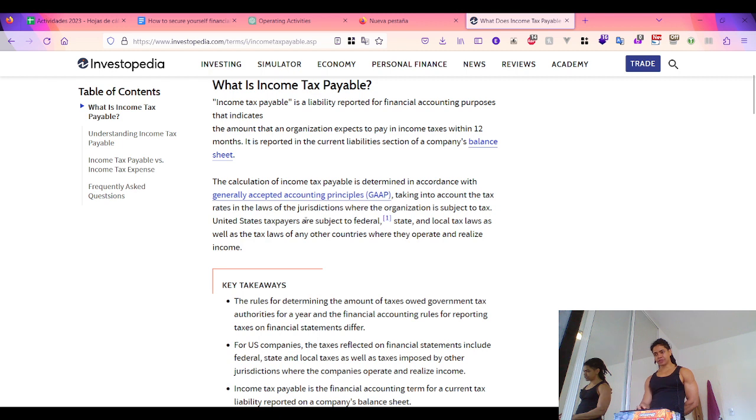United States taxpayers are subject to federal, state, and local tax law, as well as tax law of any other country where they operate, exactly where they operate and realize income.